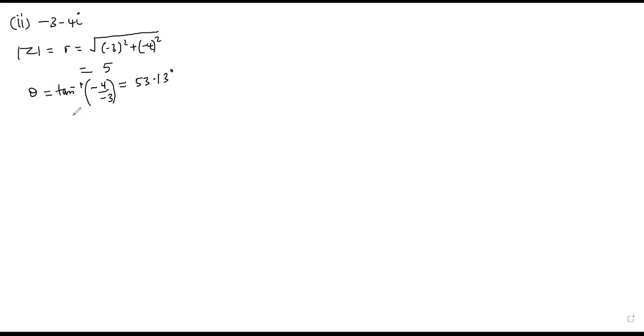53.130. But out of the sketch, you can really see in which quadrant it lies. We have negative 3 and we have negative 4. So when you plot them, you find yourself here. So this is the imaginary and this is the real part.